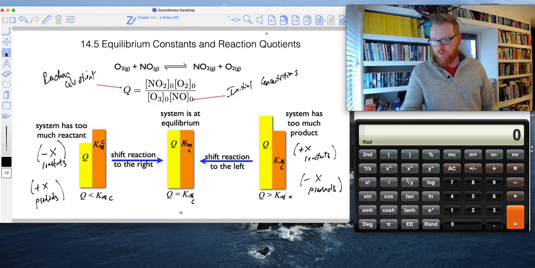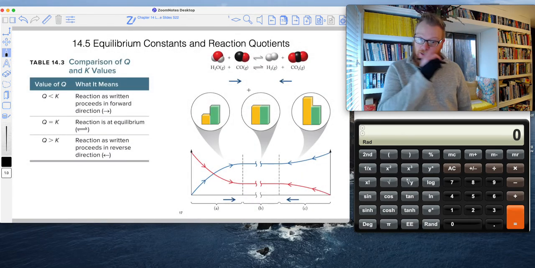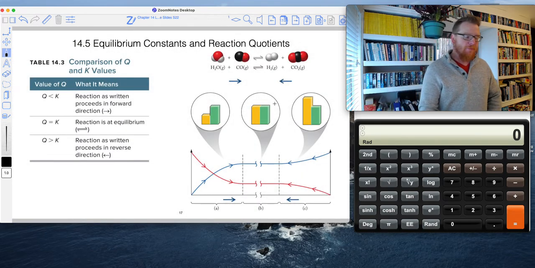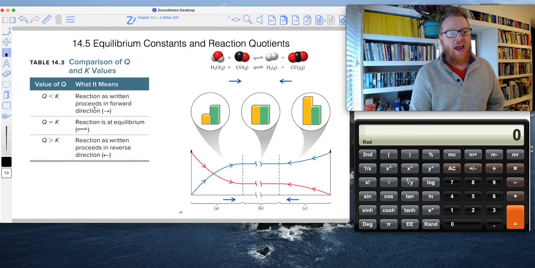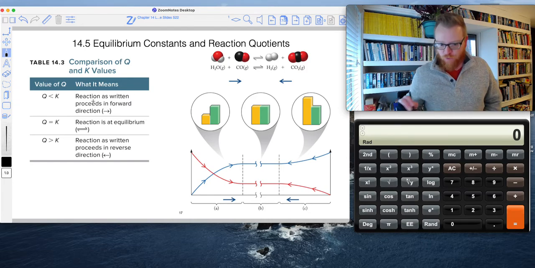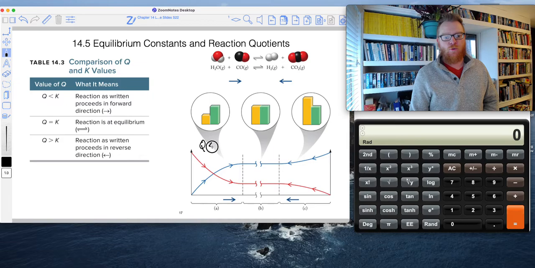We're going to do several example problems momentarily to describe this. Just to summarize the reaction quotient: if Q is less than K, the reaction proceeds to the right. This graph is a good example. Let's say we were starting with 0 products.